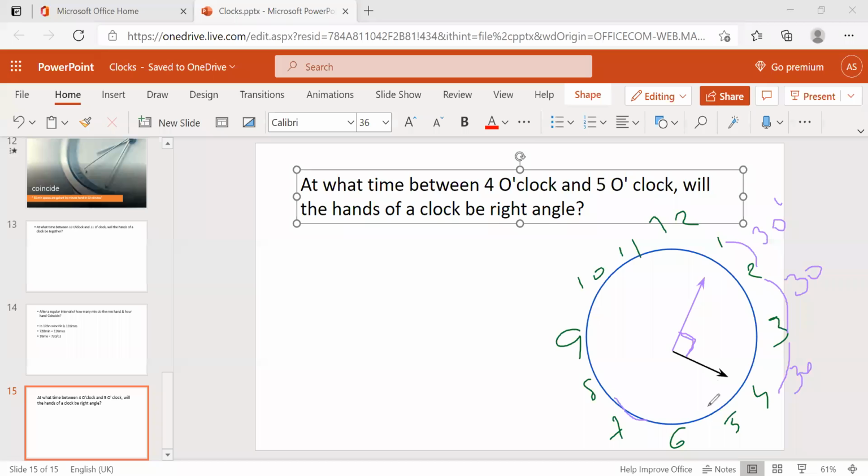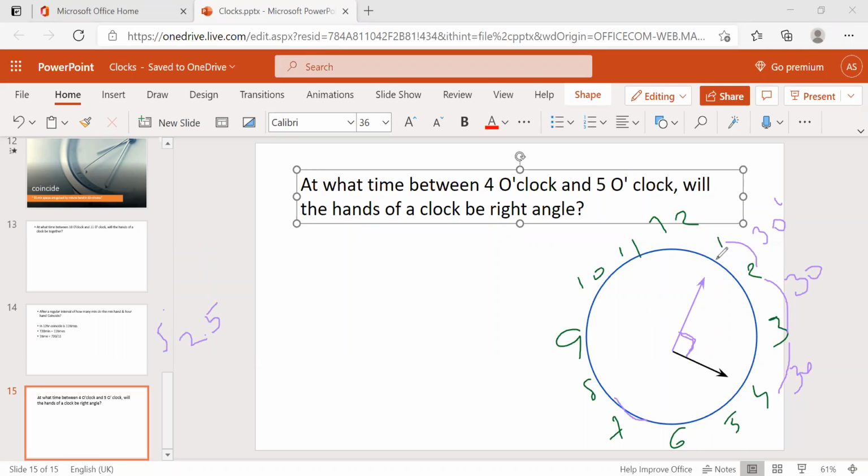Now you just see here, when it is 4-5, the minute hand will show exactly 1, but our hour hand moves half a degree per minute, right? So in 5 minutes it moves 2.5 degrees. So that means it is not going to be a right angle. Then you need to understand this again, the same thing.